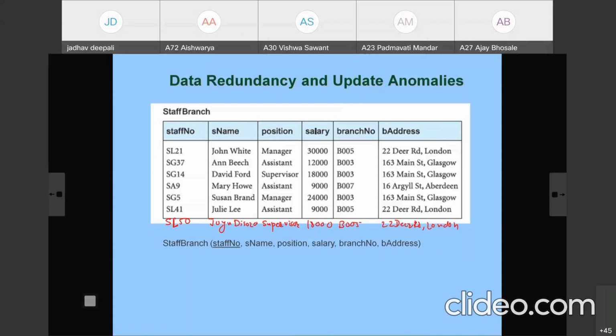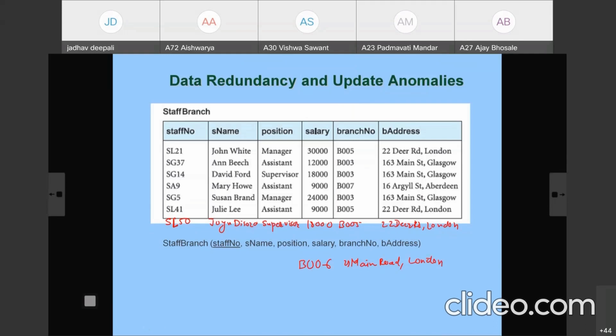Another example of insertion: suppose a new branch is open, with B006 and some address, 21 Main Road, London. Suppose I want to insert this new branch into this staff branch relation.